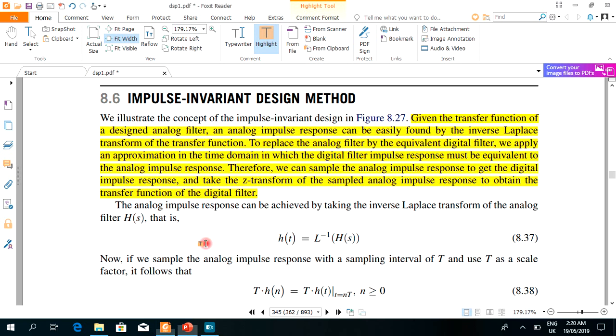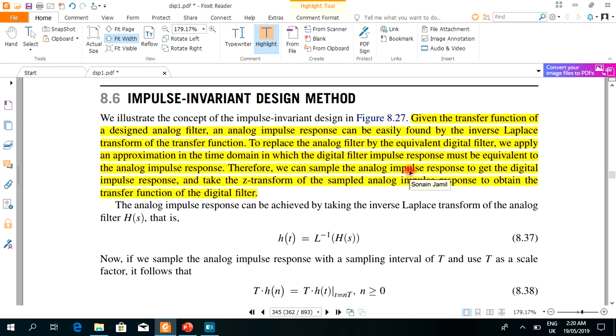So let's start with some explanation from the book. If the given transfer function is for an analog filter, then an analog impulse response can easily be formed by inverse Laplace transform.